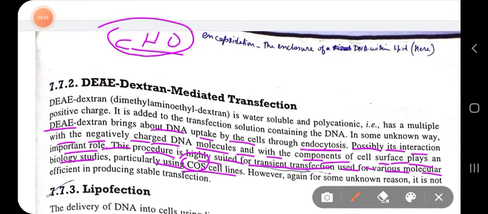However, for some unknown reason it is still not efficient in producing stable transfection. That means we have introduced our DNA through endocytosis by using diethyl aminoethyl dextran mediated transfer, but it is not stably integrated. The DNA is only temporary in this technique.